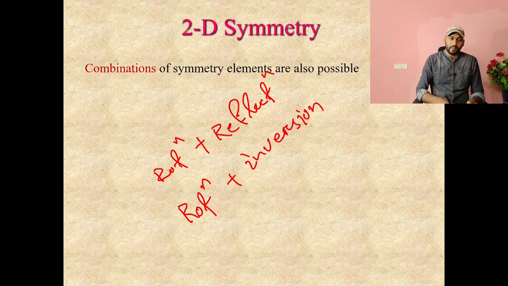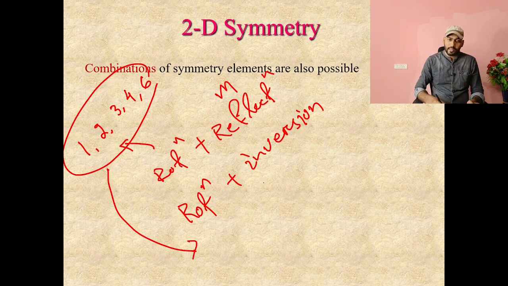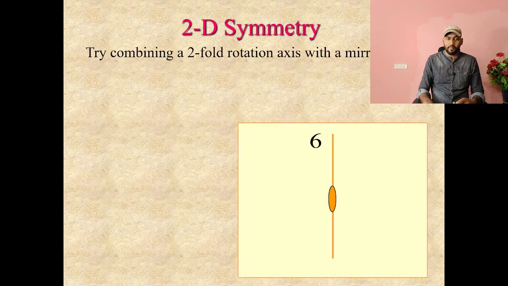Rotation means, let's say, we have studied one fold, two fold, three fold, four fold, six fold. Along with this, if we add one mirror, what will happen? Along with these 1, 2, 3, 4, 6, if we add I, the center of symmetry, what will be the resultant? That we are going to see now. First, we will go to rotation plus reflection.